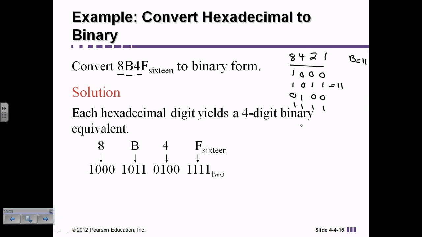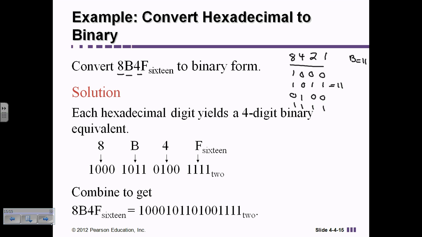So then if I put all of that together, I end up with 1000, 1011, 0100, 1111. So the binary representation of 8B4F in base 16 is the number 1000101101001111.